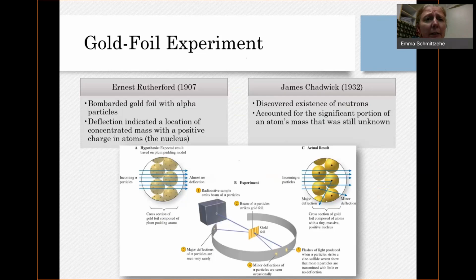He discovered the existence of neutrons. The neutrons have the extra mass that was unaccounted for by quantifying what's there because of the electrons and the protons, the positive charge in what they called the nucleus.